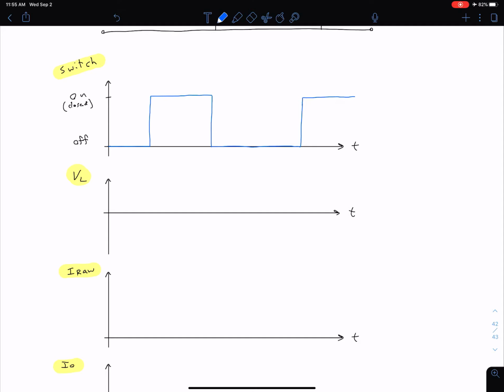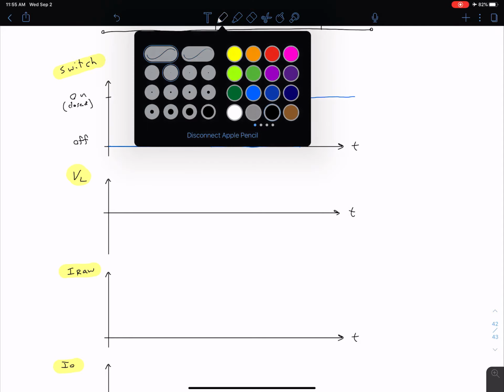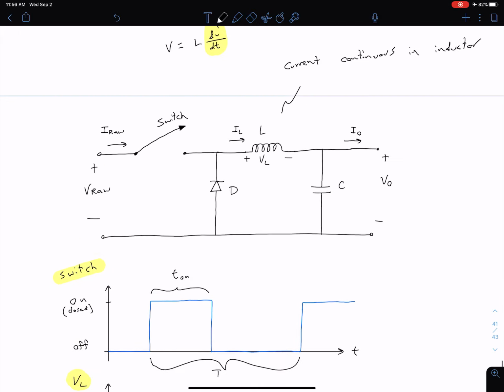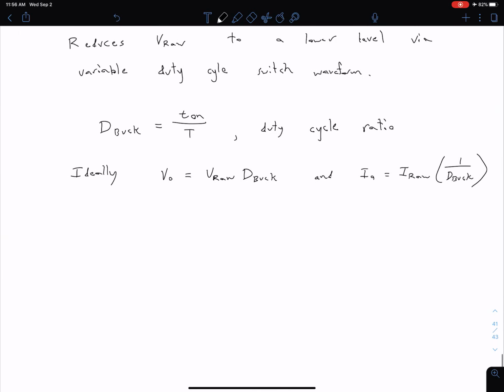We can use this information to help us define our duty cycle. The time that our switch is closed is our T on, whereas the time between where we start our T on and our next T on is our overall period T. So T on over T defines our duty cycle, which we see up here is our D buck.